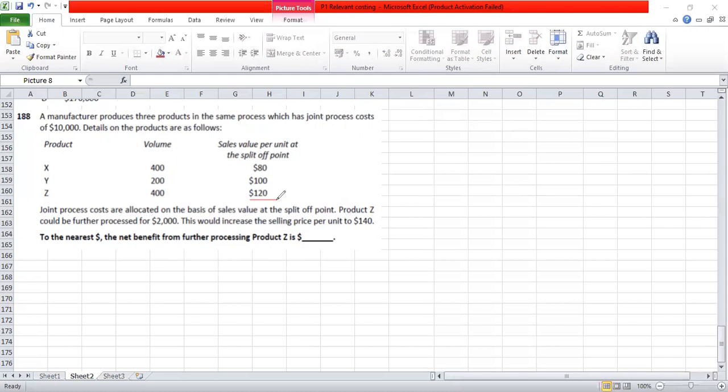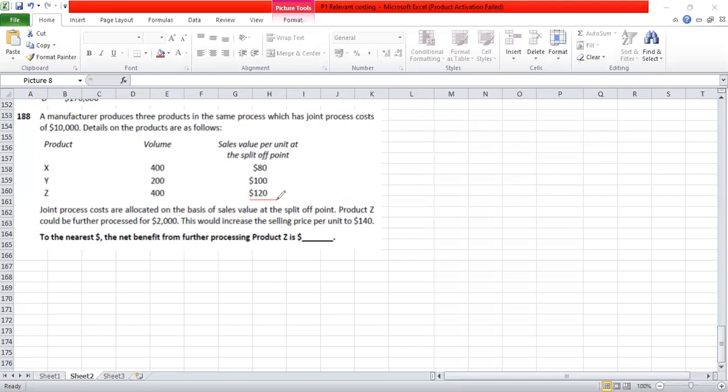Product Z could be further processed for 2,000. This would increase the selling price to 140. 120 and 140, so the difference between these two is 20. 20 is the incremental benefit. Then we have to compare that with the incremental cost.